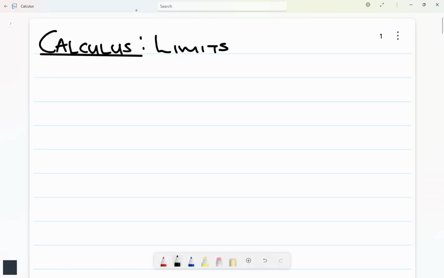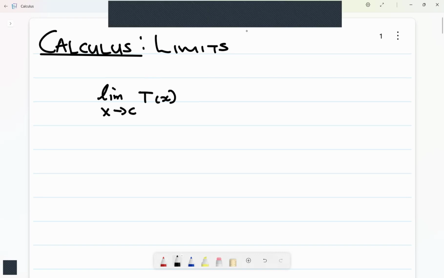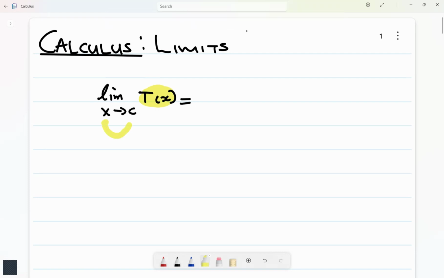So now let's have an expression that says limit as x approaches c of f of x, like that, okay? So what we're going to do here is say we want to find the limit of this function as x approaches c.